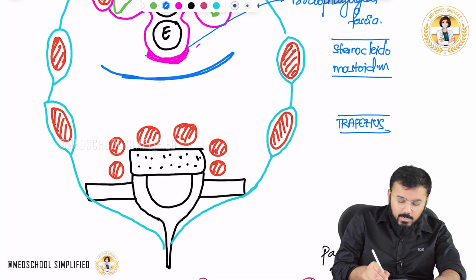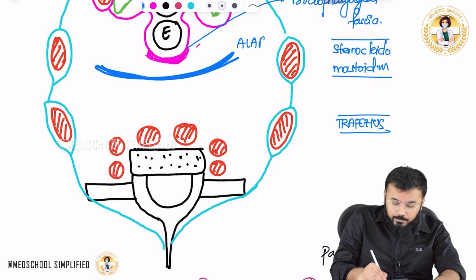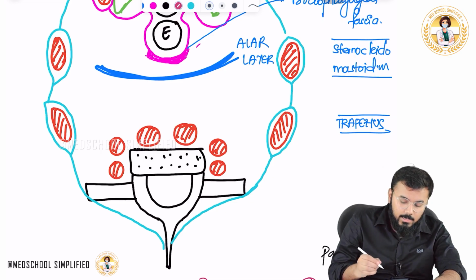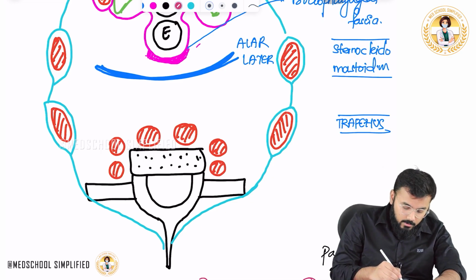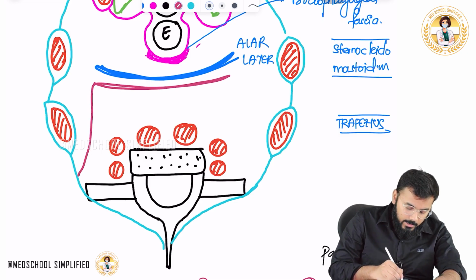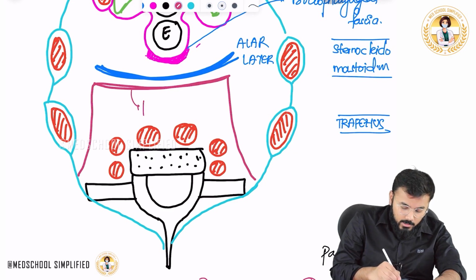See, this particular layer which is just behind the buccopharyngeal fascia is called your alar layer. And behind this alar layer, here behind this is called the prevertebral layer. So this particular layer over here is called your prevertebral layer.